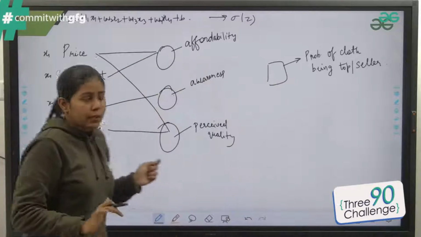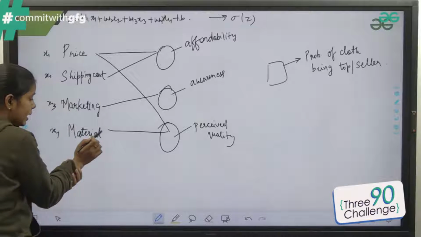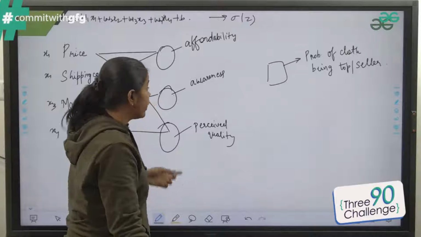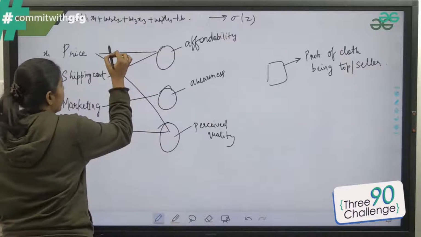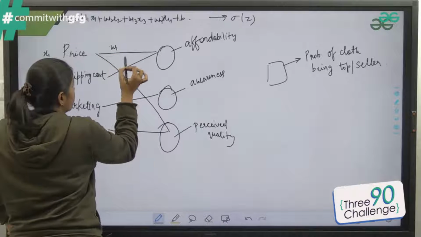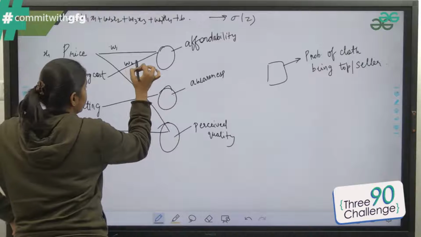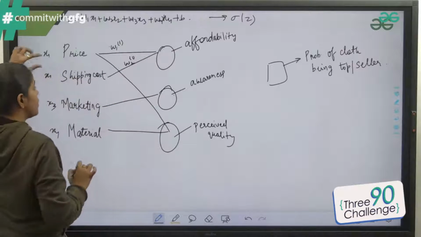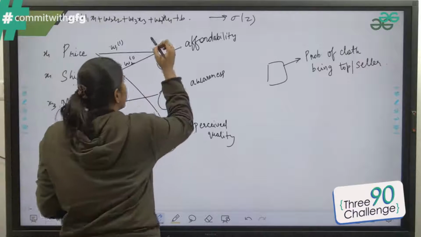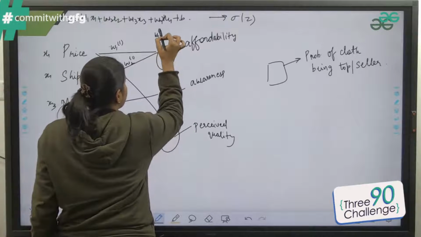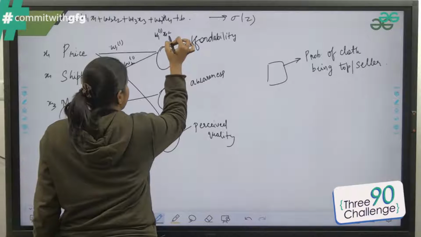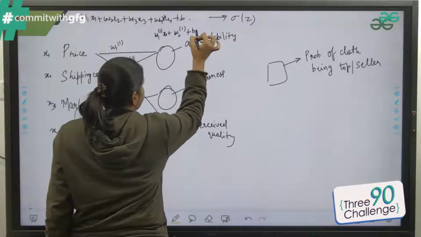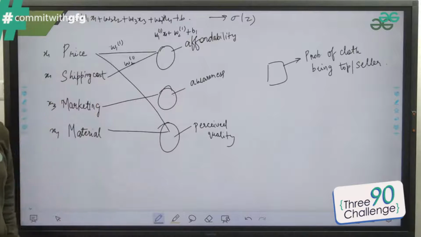Now these x1, x2, x3, x4, four features I have, and for this affordability, right? So I'll add here w1, and this would be w2. Let's write down here 1, because it comes for affordability. So can I write down here w11 x1 plus w21 x2, and we'll add one bias b1, right?